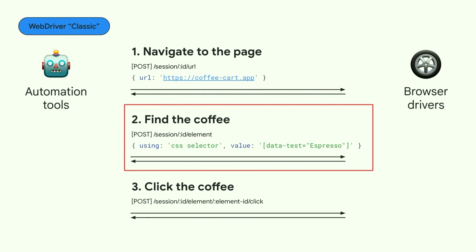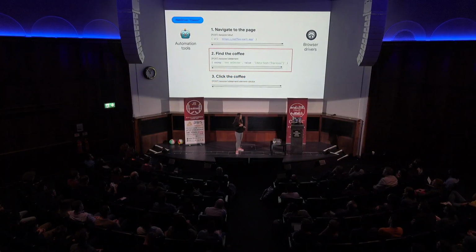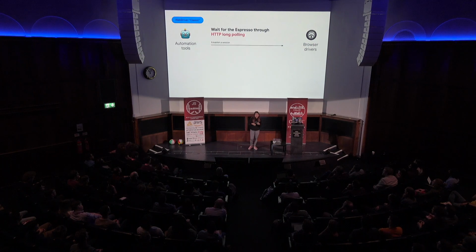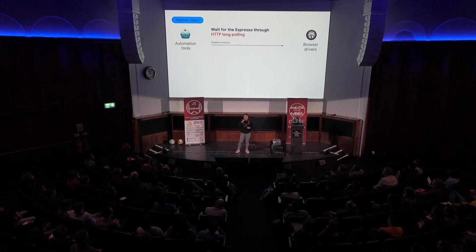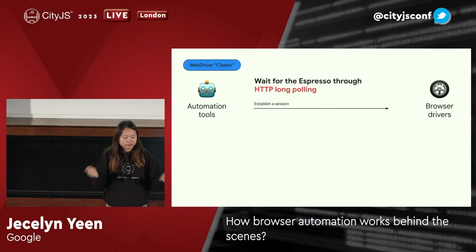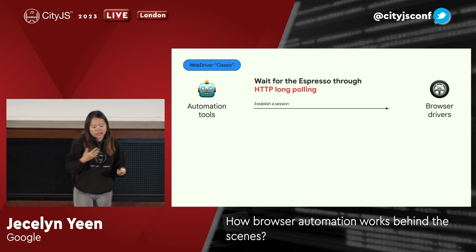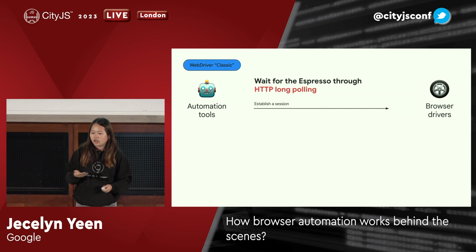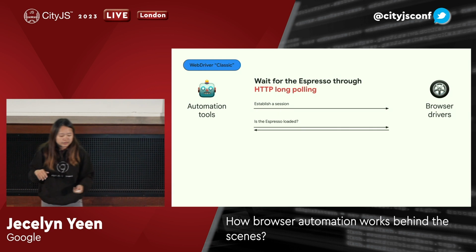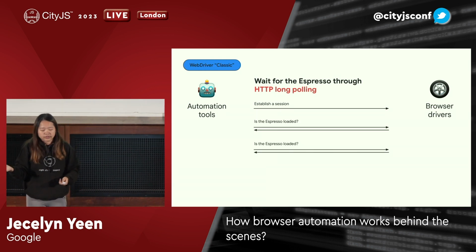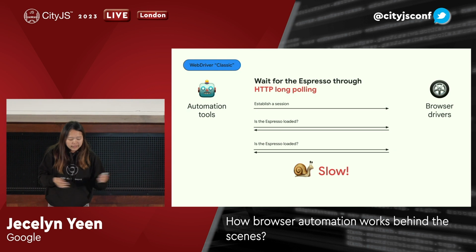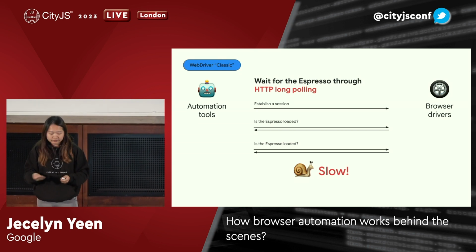Step 2 is slightly tricky behind the scenes because it's an HTTP command, so the automation has no way to subscribe to an event to tell the driver, hey, please notify me when the coffee is ready, because your API call might be really slow. Because of this limitation, it has to use HTTP long polling to keep polling for the response, and every time it includes some latency, and that's why sometimes it gets slow.